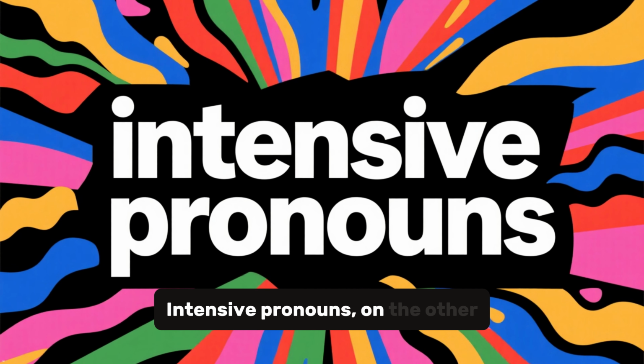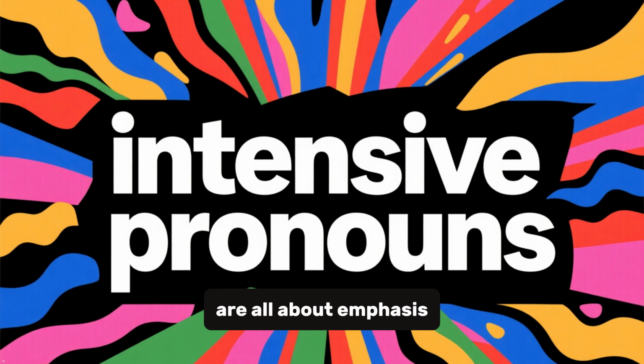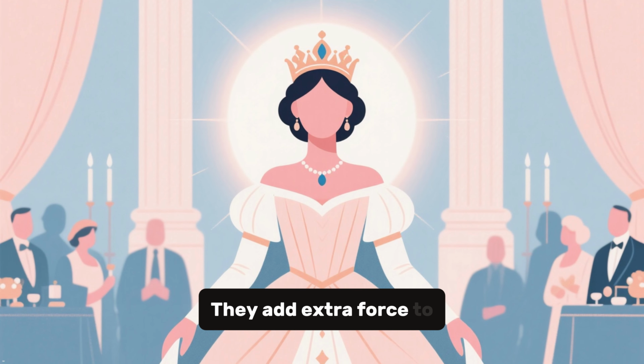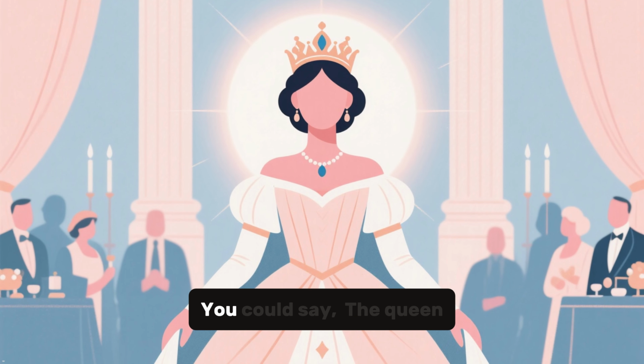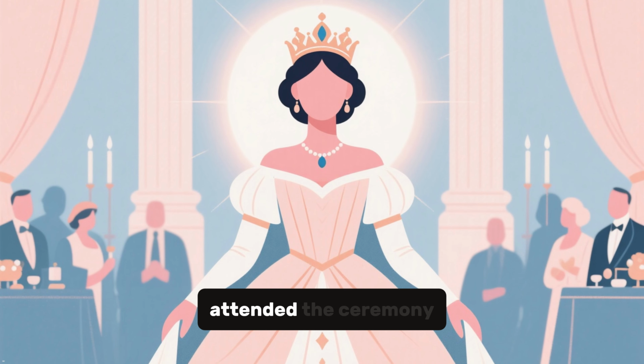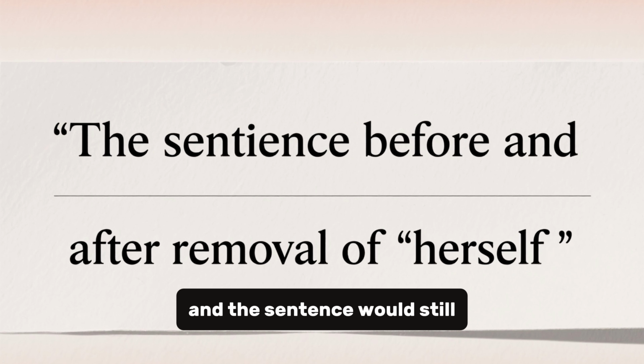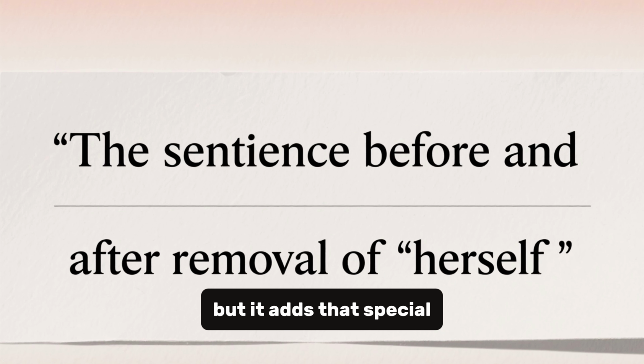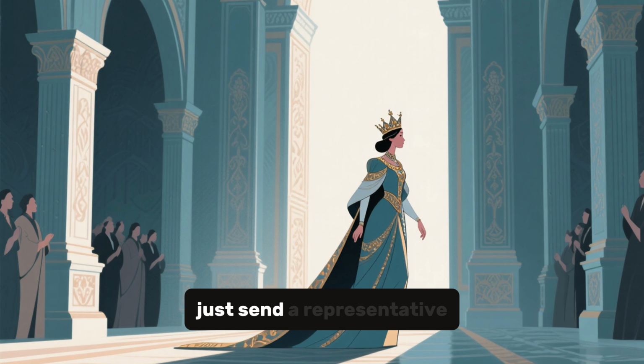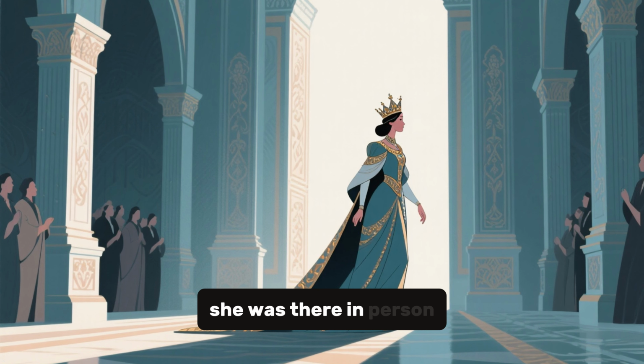Intensive pronouns, on the other hand, are all about emphasis. They add extra force to a noun or pronoun. You could say, "The Queen herself attended the ceremony." You could take "herself" out, and the sentence would still make sense, but it adds that special emphasis. The Queen didn't just send a representative, she was there in person.